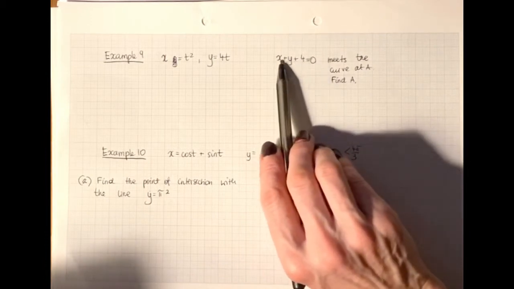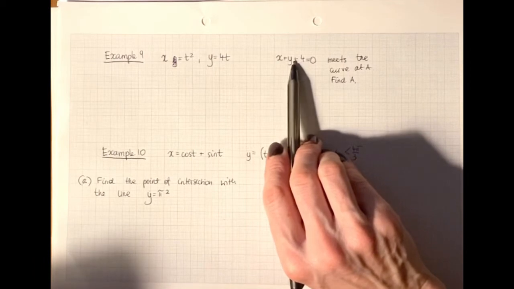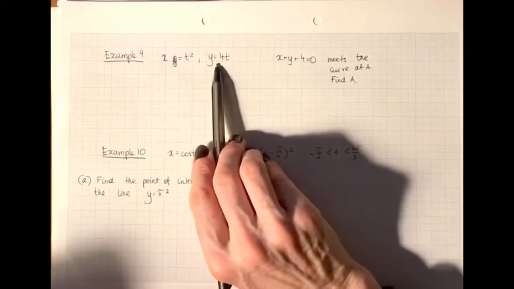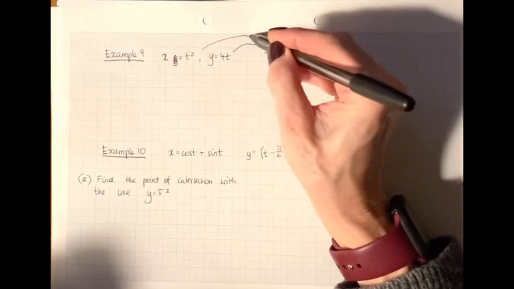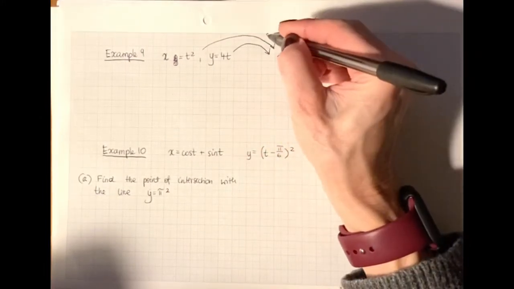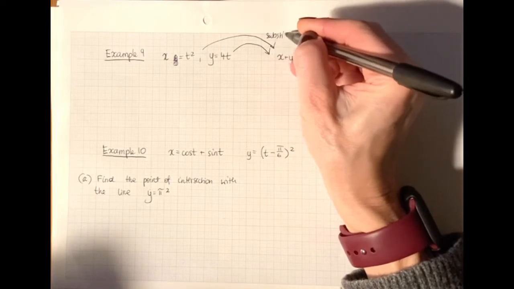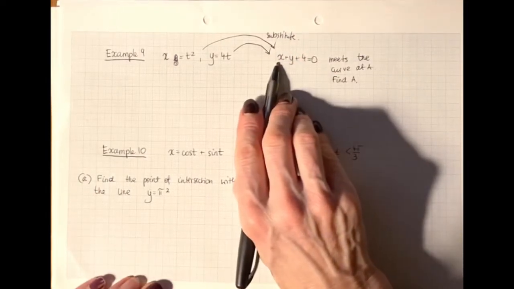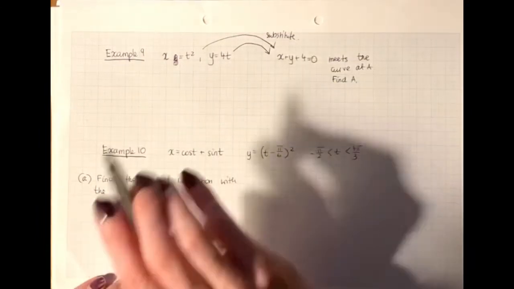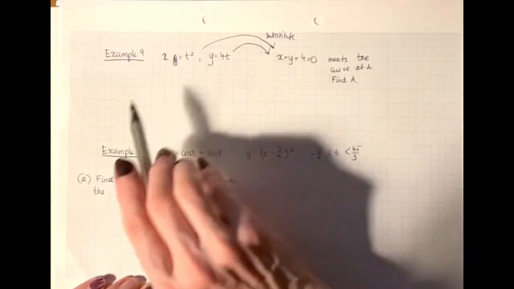So the way you do it, if you've got the Cartesian equation of the line and parametric definitions of the curve, you can just substitute these into the line and find the value of t when it happens. So that means they will find the value of t when the line and the curve intersect.